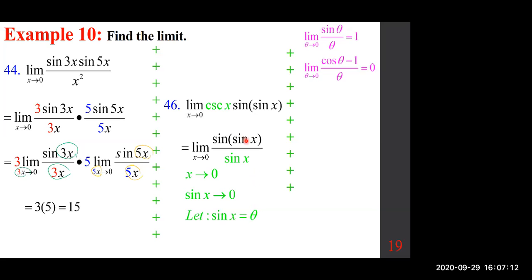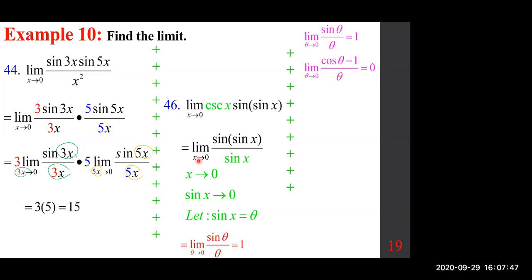So if this is theta, and now we're going to say this is sine x approaching 0 or theta approaching 0. I hope everybody is following what I'm doing here. This is important that you understand that the argument of sine, the denominator, and what you see here that is approaching 0, they must be identical. In this case, these two are identical, but understand because x approaches 0 is the same as saying sine x is approaching 0.